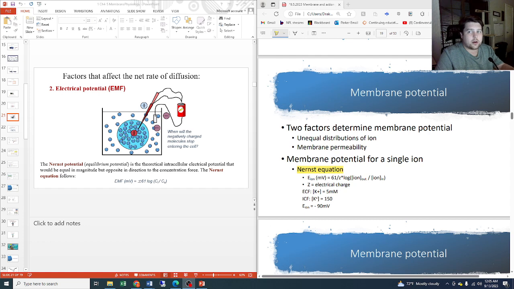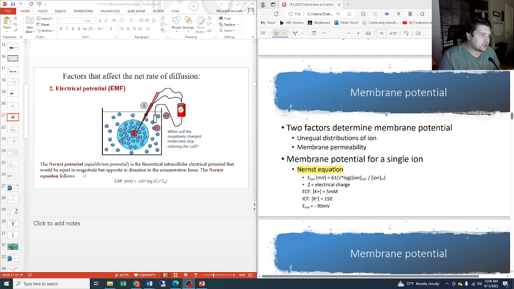So when we talk about the Nernst equation, we also talk about the Nernst potential, or the equilibrium potential. It is the theoretical intracellular electrical potential that would be equal in magnitude, so in size, but opposite in direction to the concentration force.